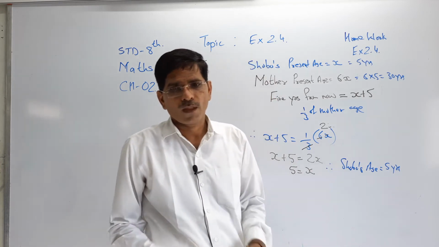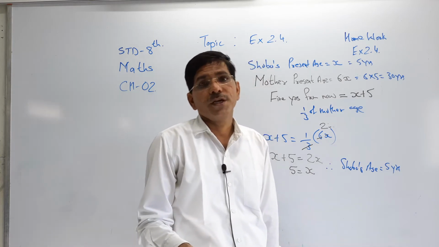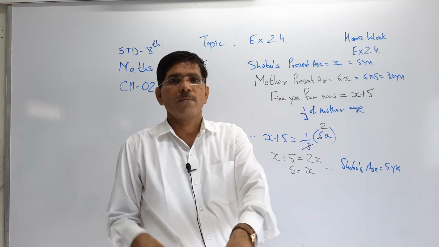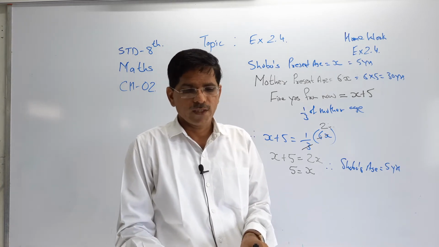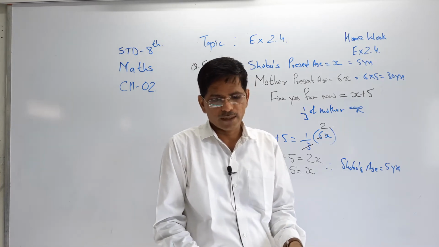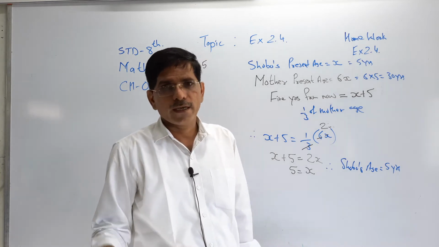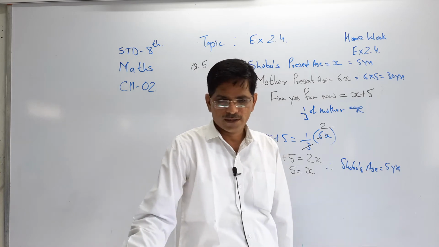Clear? So I think these are all called statement type sums. They must be understood properly, then it is easy, otherwise it will consume more time. So there are 10 sums. Out of 10 sums I have to complete 5 and the other 5 you have to try yourself.